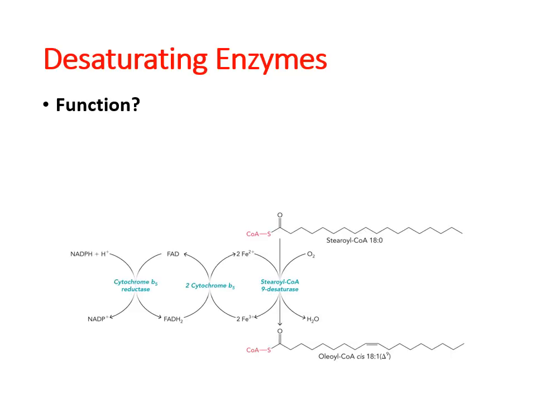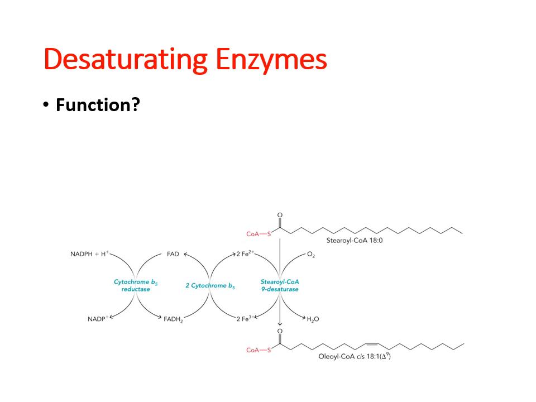Now, another term that I want you to be aware of and circle, star, highlight is the term desaturating. So, specifically, desaturating enzymes, what will they be doing? Well, they will remove two hydrogen atoms from a fatty acid. When they remove the hydrogen atoms, they're now creating a carbon-carbon double bond.